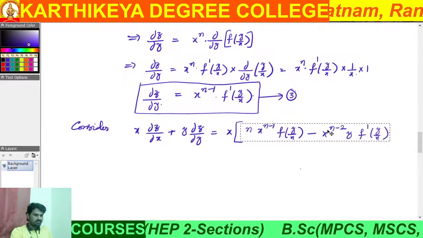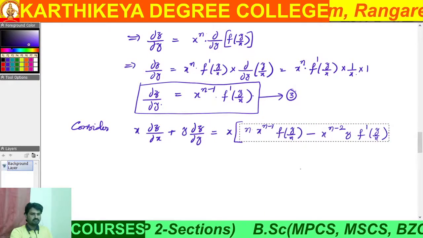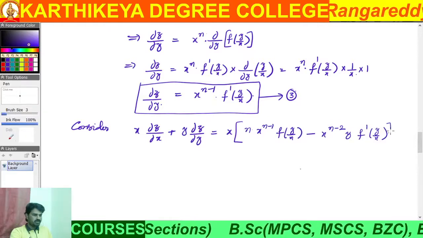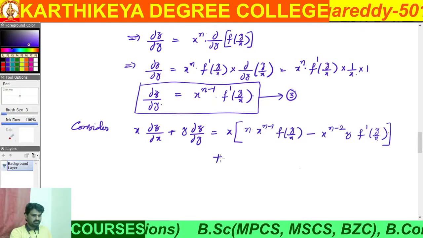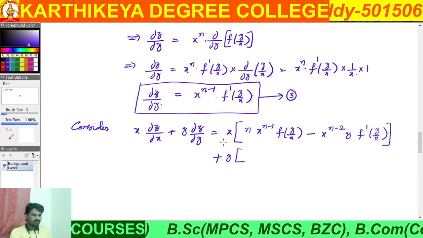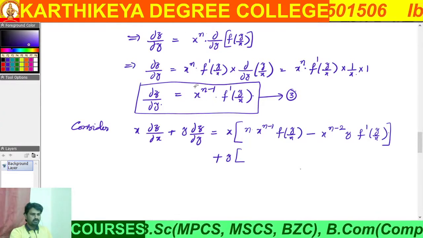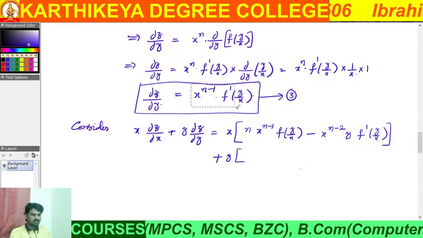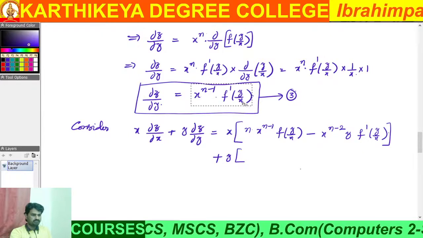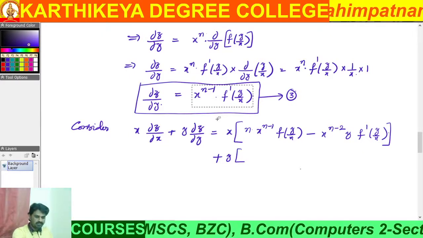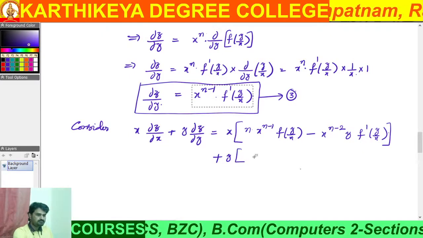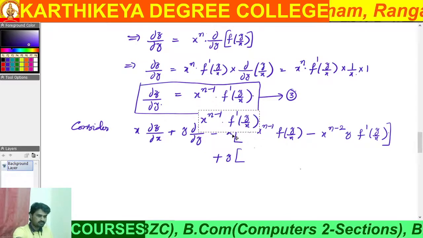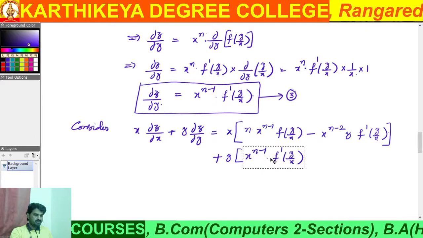This is the dou z by dou x, and close the bracket, plus y into the dou z by dou y value. So this is the dou z by dou y value. Now taking this one and pasting it, this is the value.